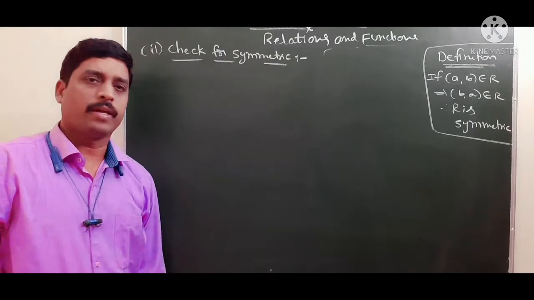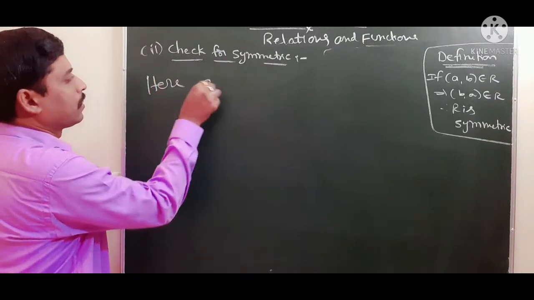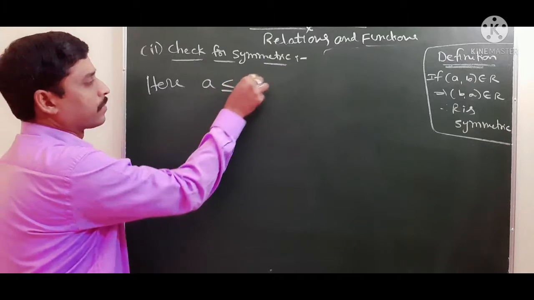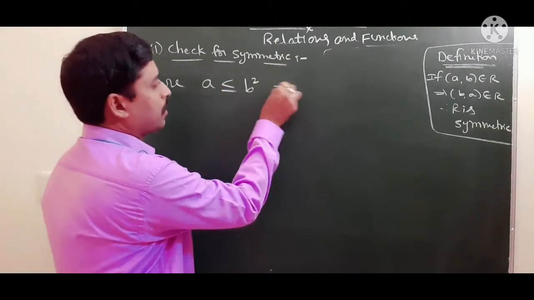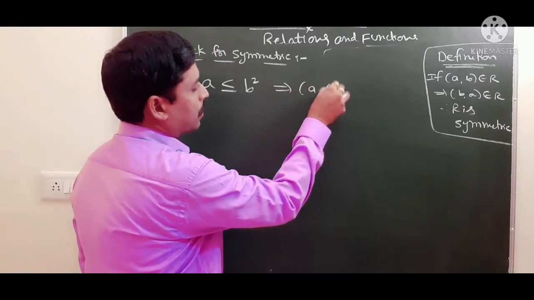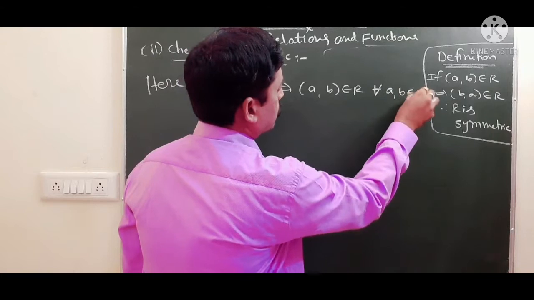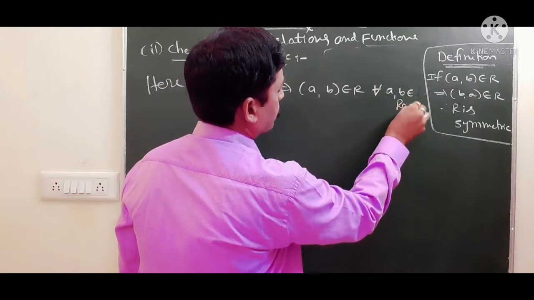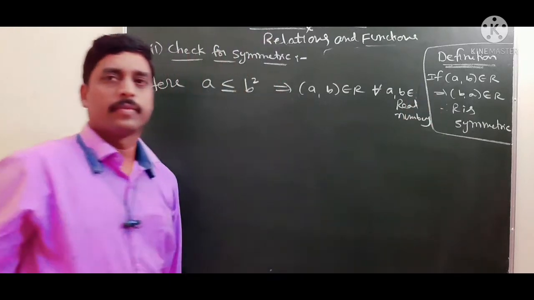What is the given condition? Here, A is less than or equal to B squared, so that implies (A, B) belongs to R, for all A, B belonging to real numbers. Okay, clear?